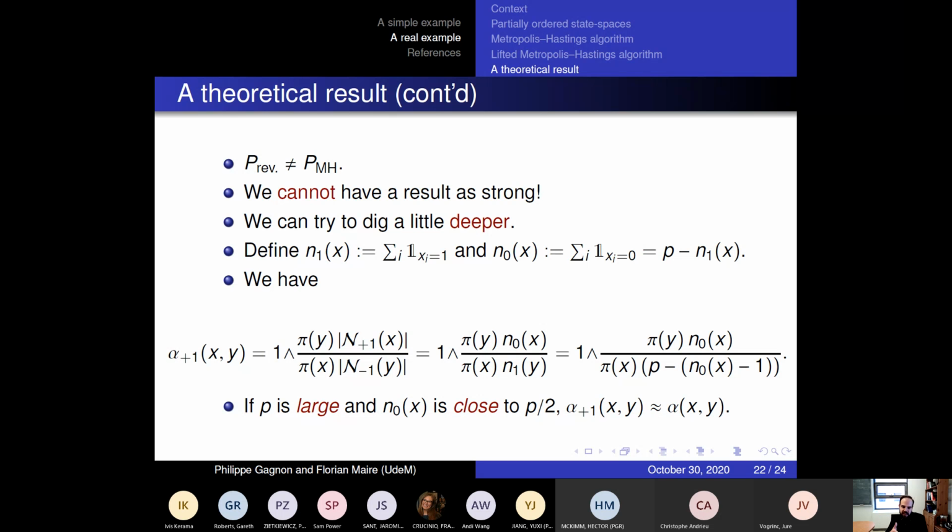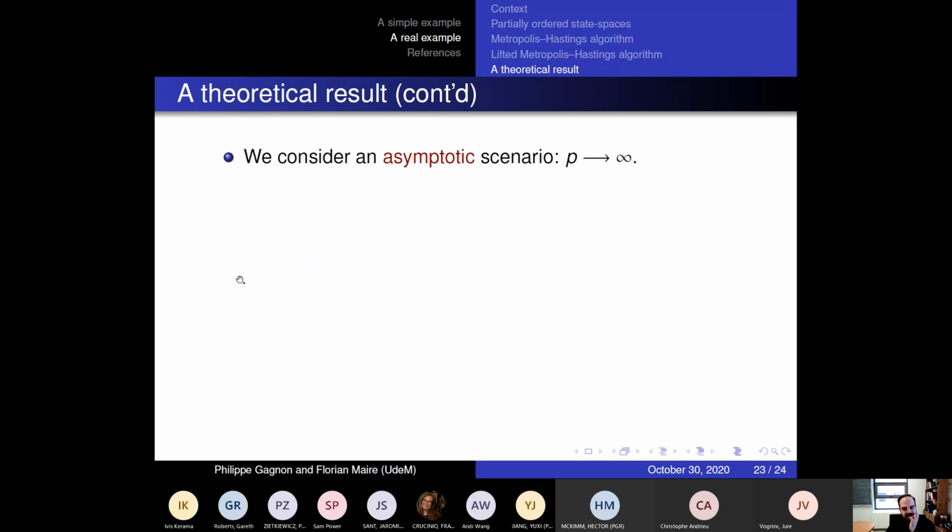So if the reversible counterpart behaves like MH, then you can hope that the lifted one will be better. Okay? And that's basically what we proved.